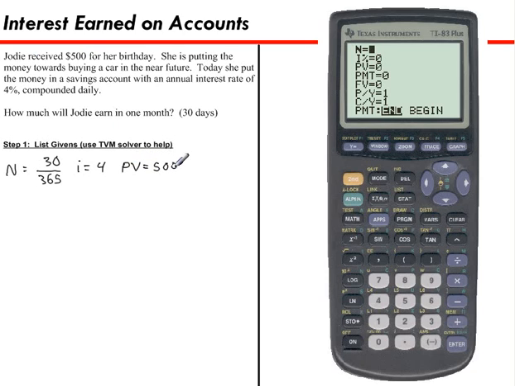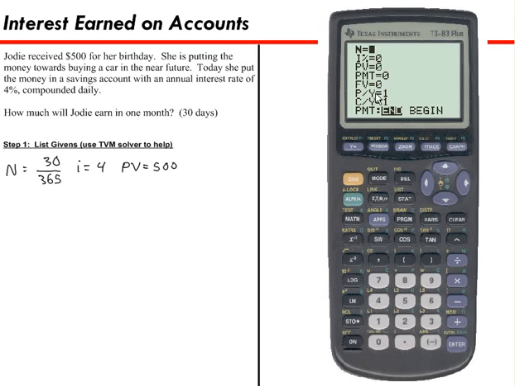And what's next? PMT we could ignore in this question. That's just the payment, and Jody's not putting any new money into her account, so that'll just be a 0. FV is future value, and that's the amount of money that we are trying to find in this question. It's how much we'll end up with after 30 days. So we'll leave that as a 0, and then we'll come back and solve for it.